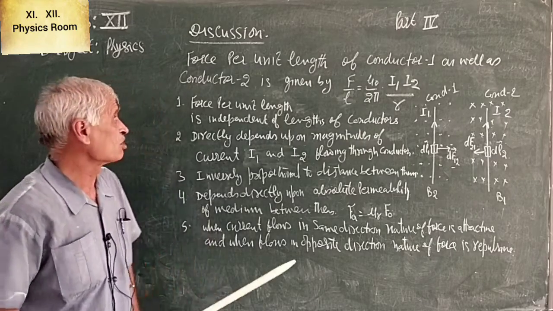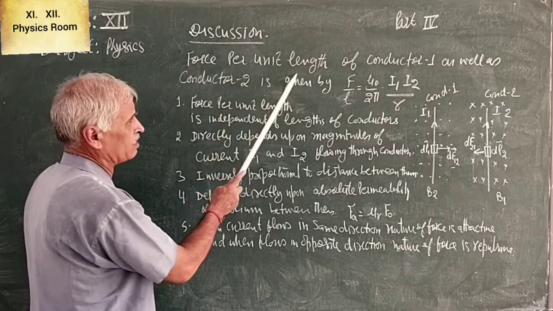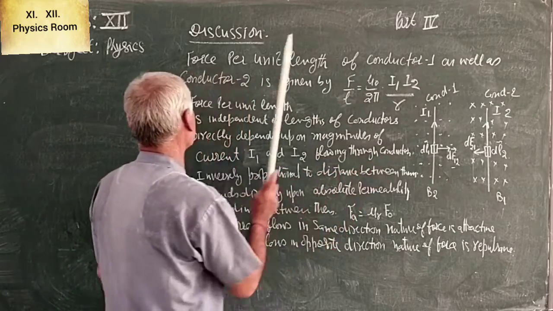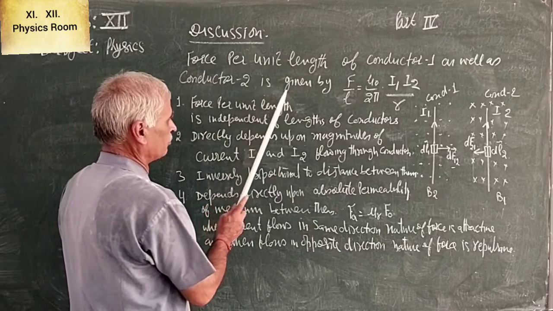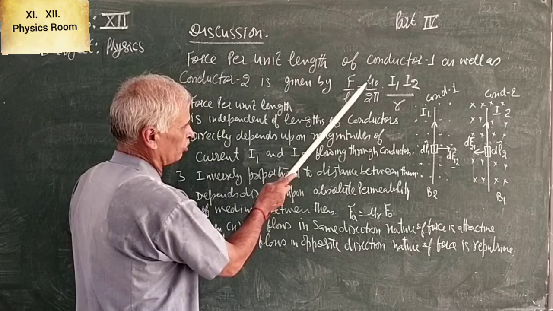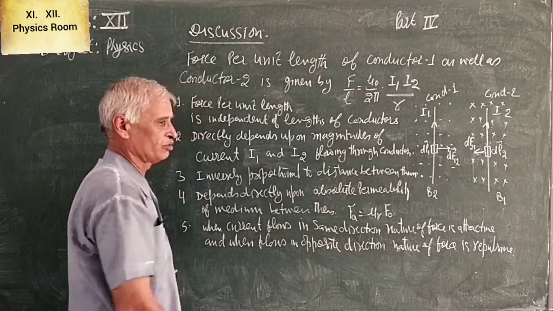Now we come to discussion. Force per unit length of conductor 1 as well as conductor 2 is given by the expression F by L is equal to mu 0 by 2 pi I1 I2 by R in this situation.